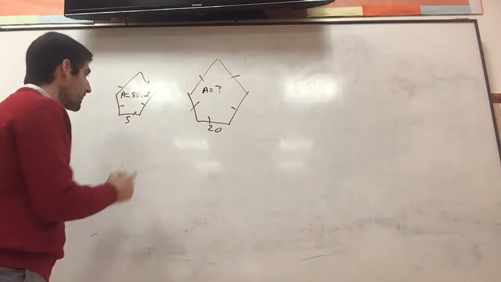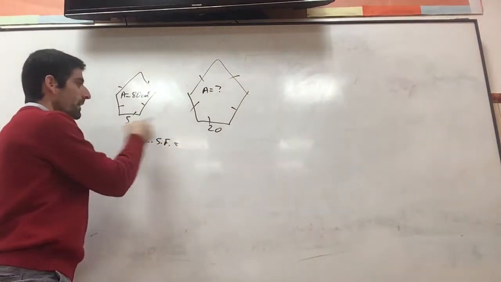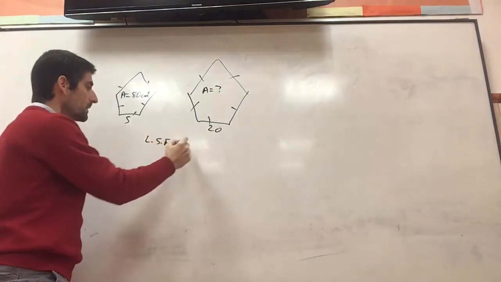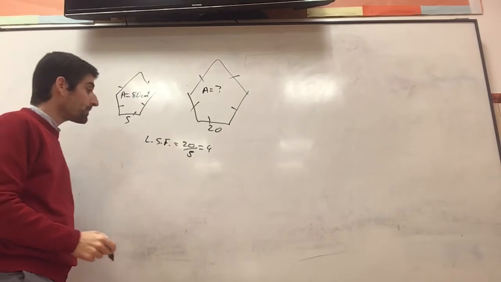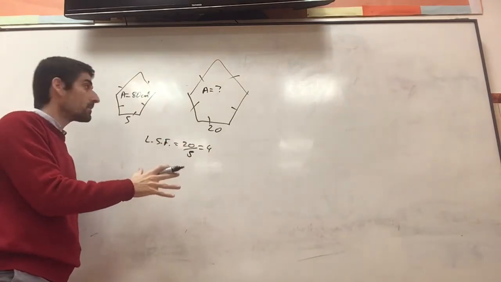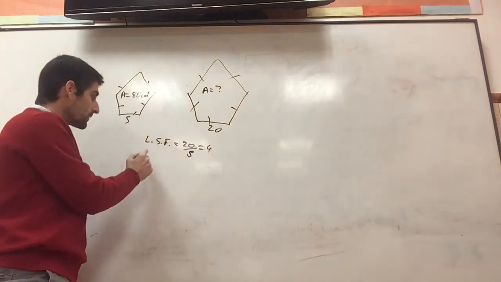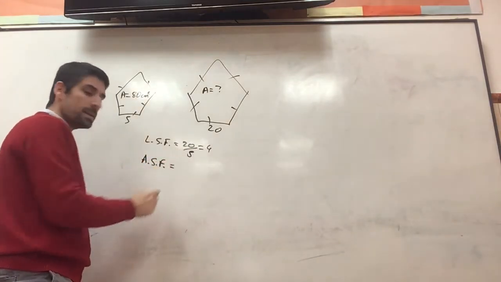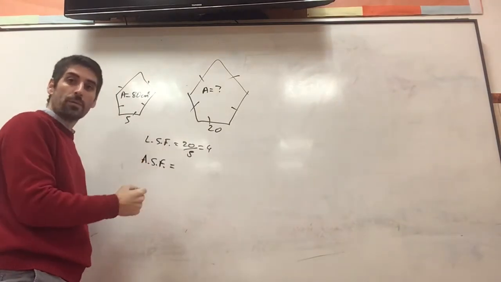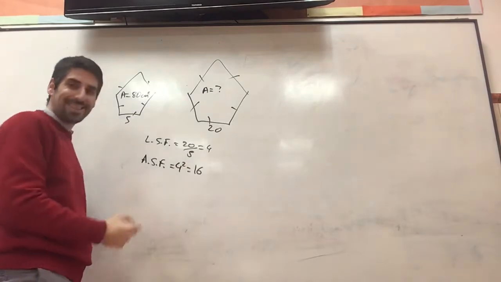So, the length scale factor: I find two corresponding sides, 20 divided by 5 is 4. So I've got my length scale factor. But remember, we cannot do 80 times 4. We have to find the area scale factor, which is the square of the length scale factor. So 4 squared is 16.